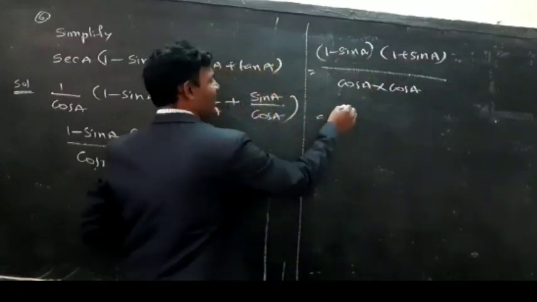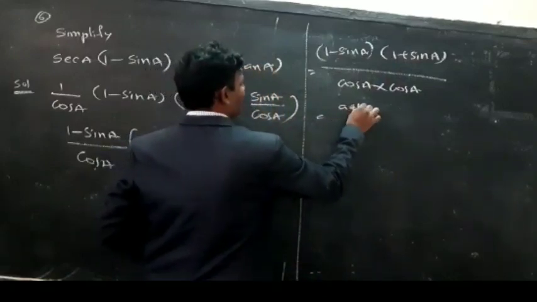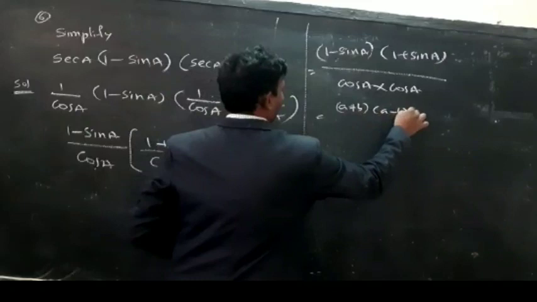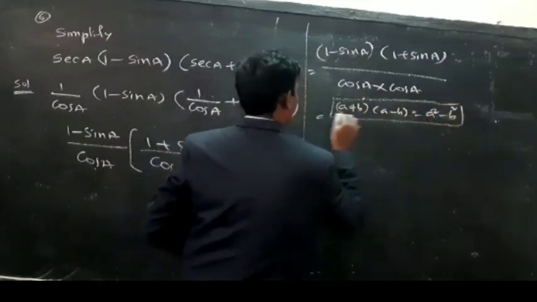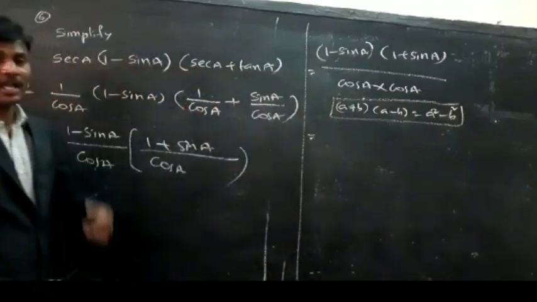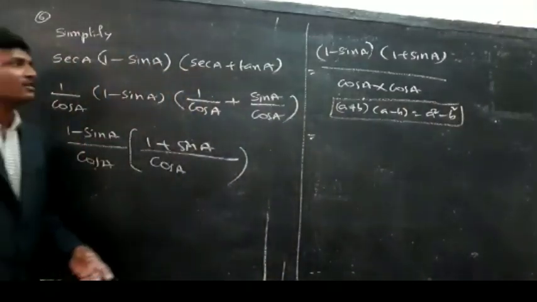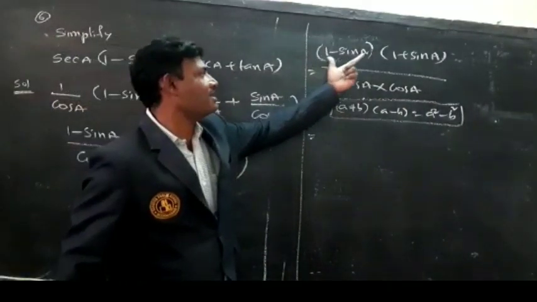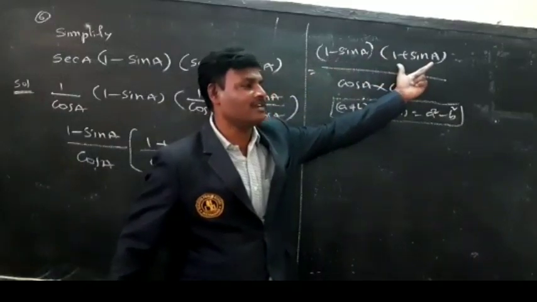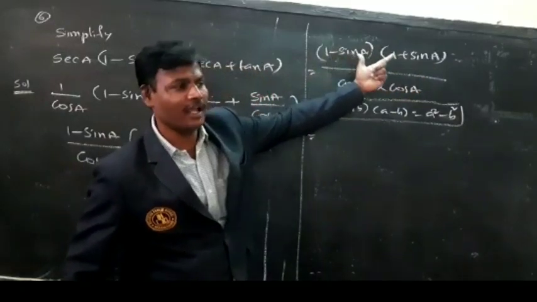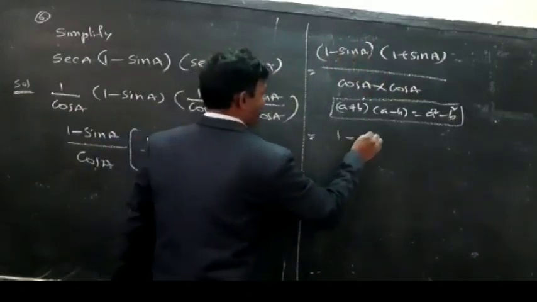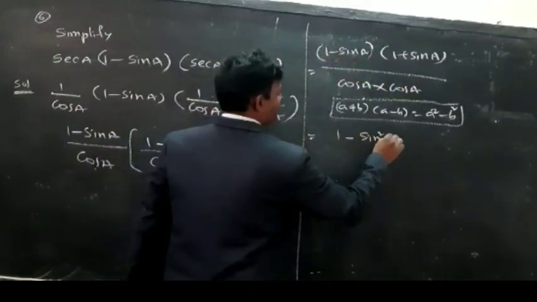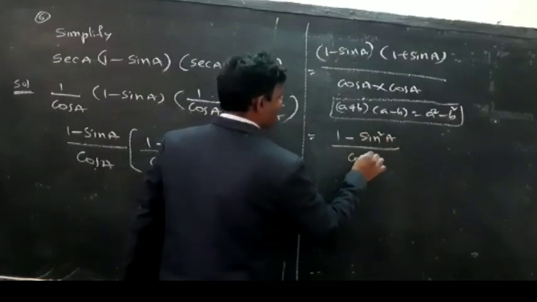A minus B into A plus B is equal to A plus B into A minus B, we can write as A square minus B square. So clearly observe here, 1 minus sin A and 1 plus sin A are nothing but the A minus B and A plus B form. So A square means (1 minus sin square A) by cos square A.